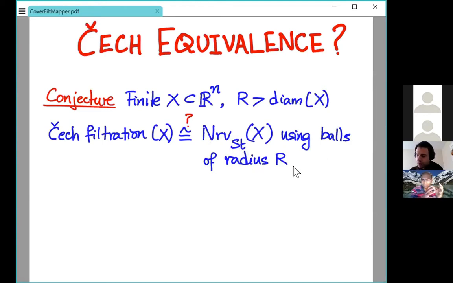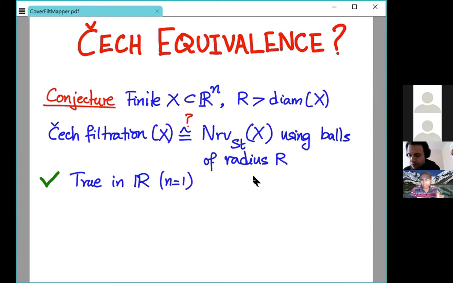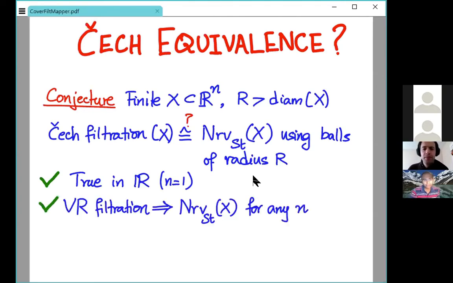Here, of course, when I take the cover elements and then the measure, I'm using the n-dimensional volume of these balls, and not just the cardinality. We have the proof just for 1D, that means intervals in R^1. So we are able to explicitly give the mapping to go back and forth for the birth times in the Cech filtration and the Steinhaus filtration. It would be nice to prove the general result. But when we consider the Vietoris-Rips filtration, we have a complete characterization going one way.